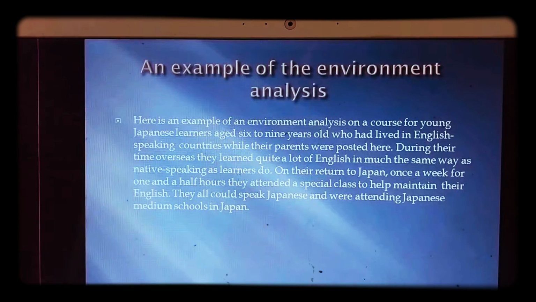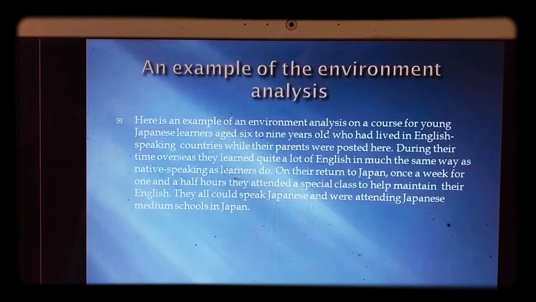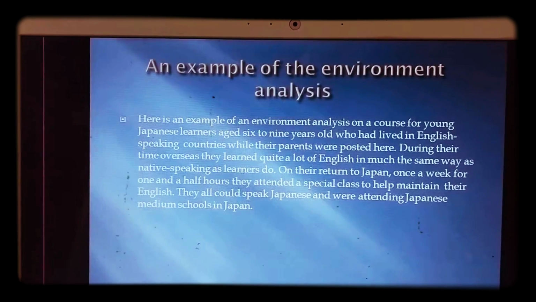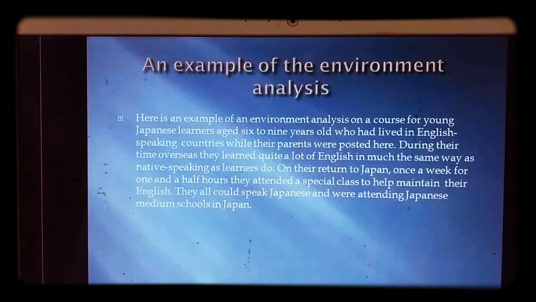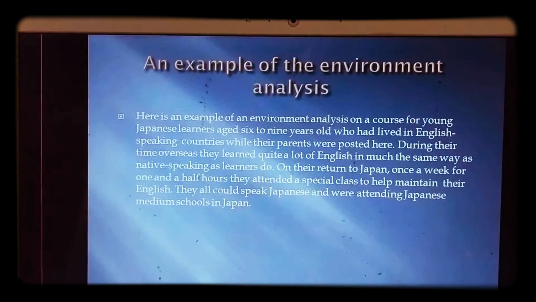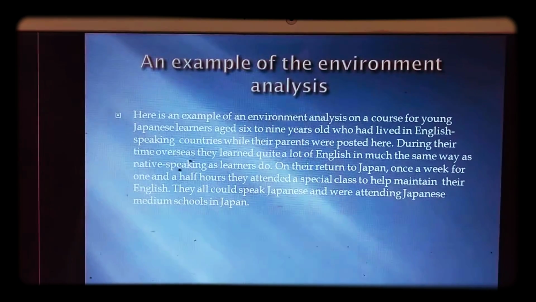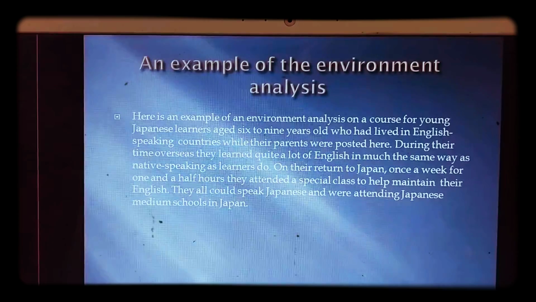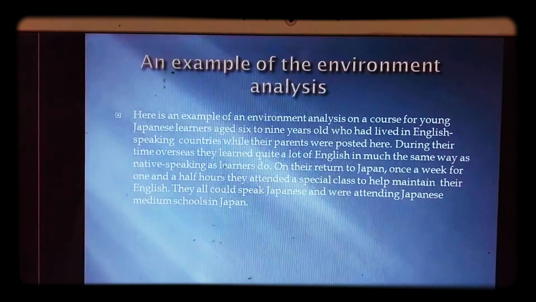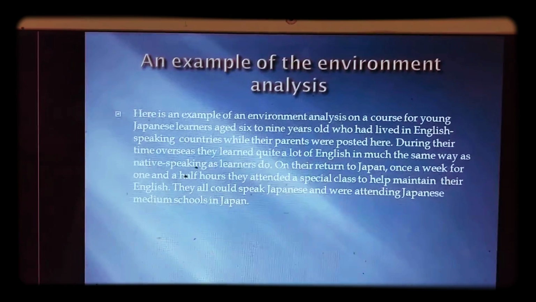On their return to Japan, once a week for 1.5 hours, they attended a special class to help maintain their English. They all could speak Japanese and were attending Japanese medium schools in Japan.